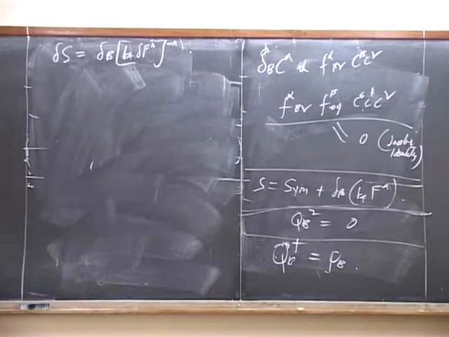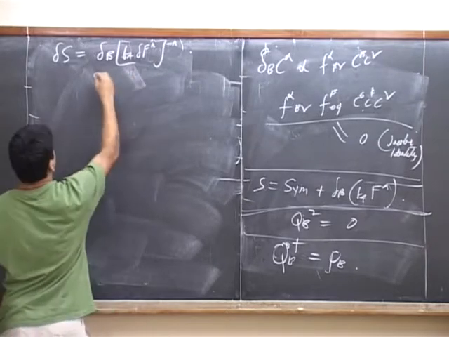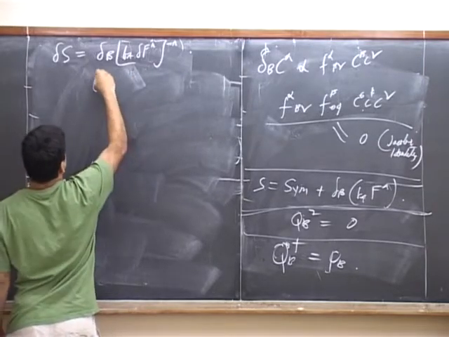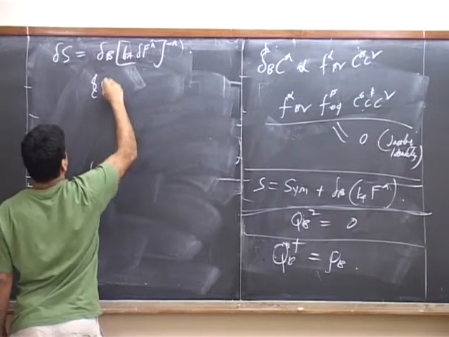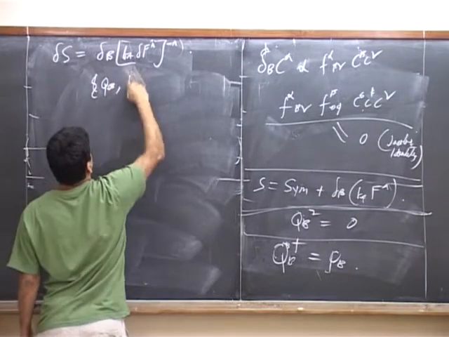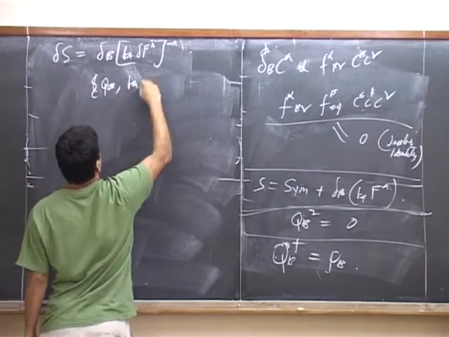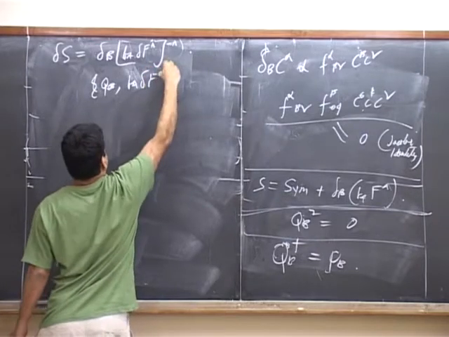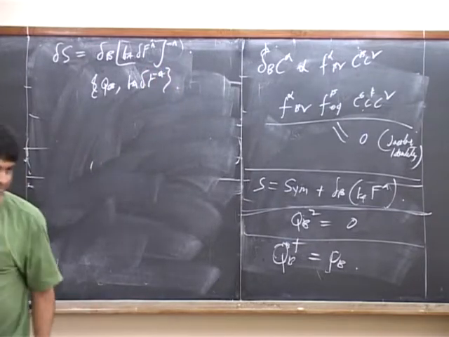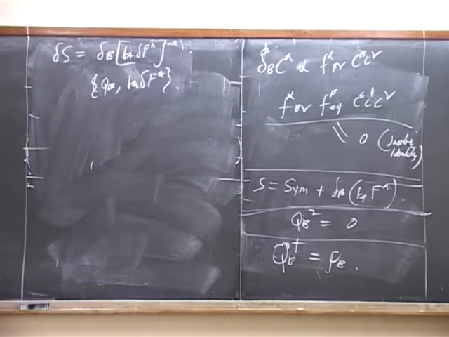Now, this we can write as the anti-commutator of Q_BRST with B_A times delta F^A, because by definition, the BRST operator is the operator such that its anti-commutator with a field is the small variation of that field under a BRST transformation.